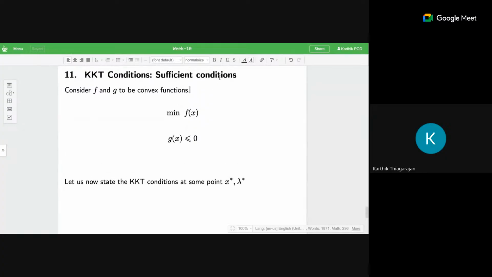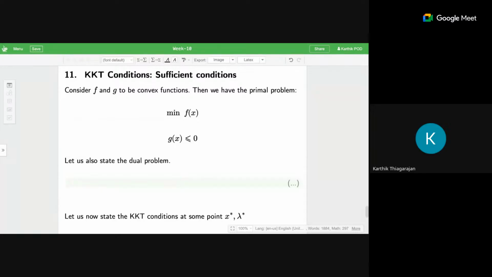So consider f and g to be convex functions. Then we have the primal problem given below. So this is the primal problem. Let us also state the dual problem. What is the dual problem? Does anyone remember? Lambda should be all positive.